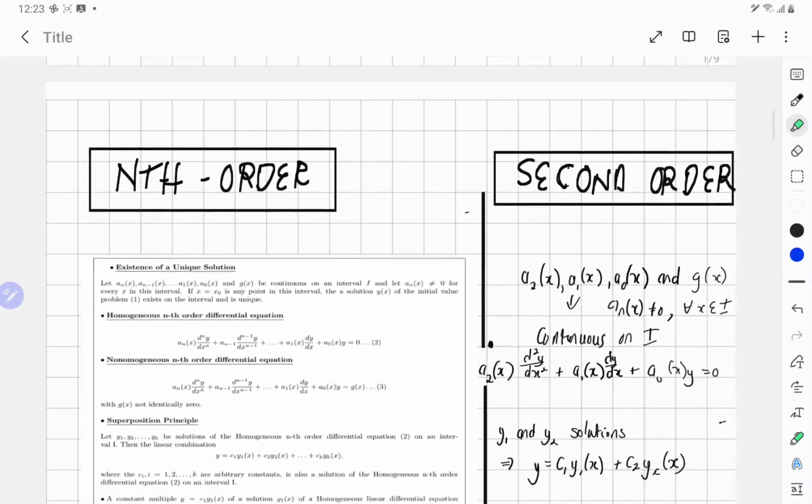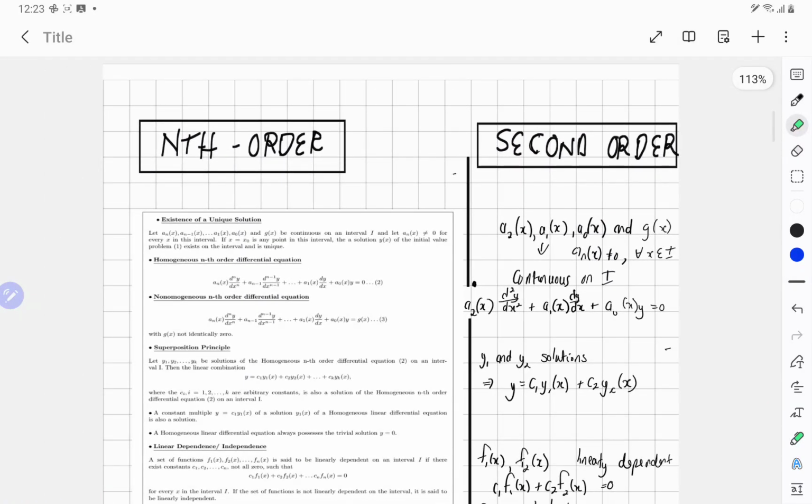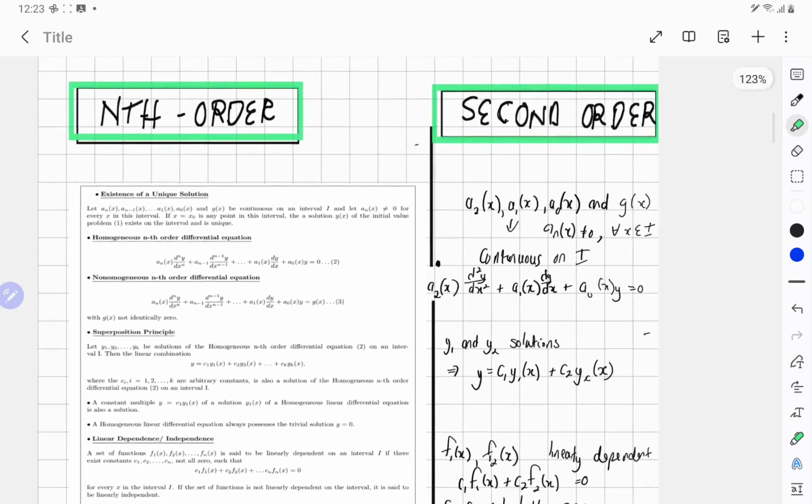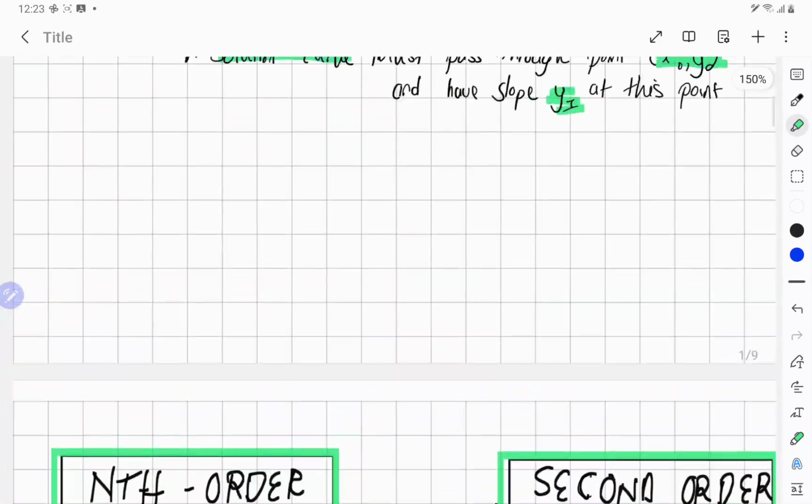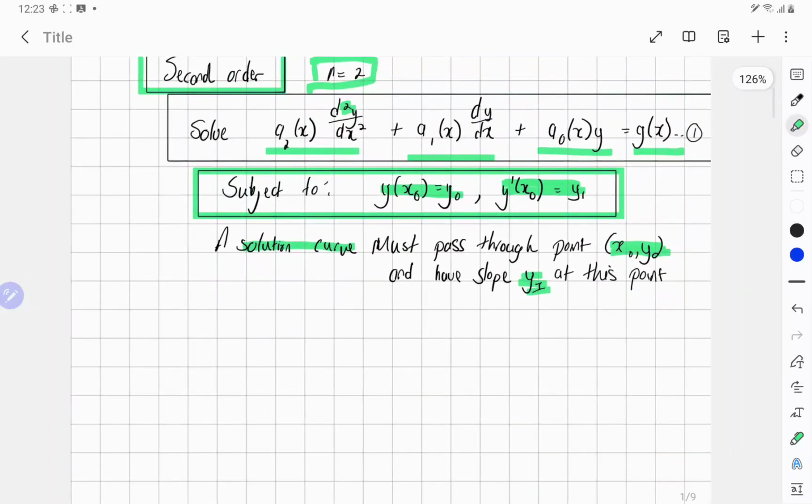So let's compare all the theory for nth order and second order that we need to know. To make it easier, let's just first look at second order. Now, just look what I had here again. Very important. We need to solve this second order differential equation.